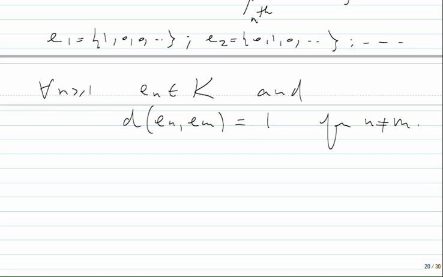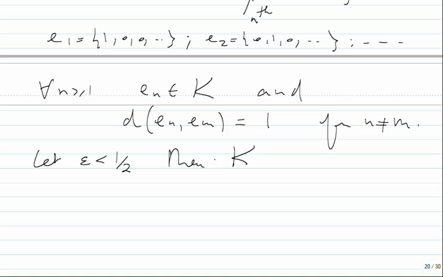Okay, but in any case, we want to show that it's not totally bounded. So let epsilon be less than 1. Then K cannot be covered by finitely many balls.